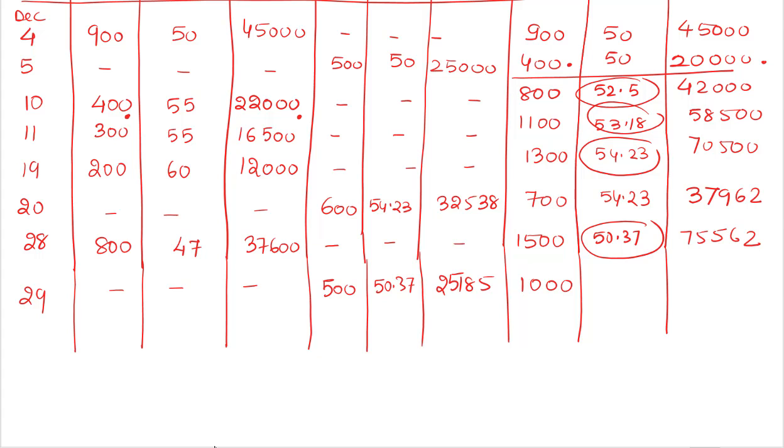So the balance is 1000. The rate is 50.37. 50.37 multiplied by 1000 equals 50,370.